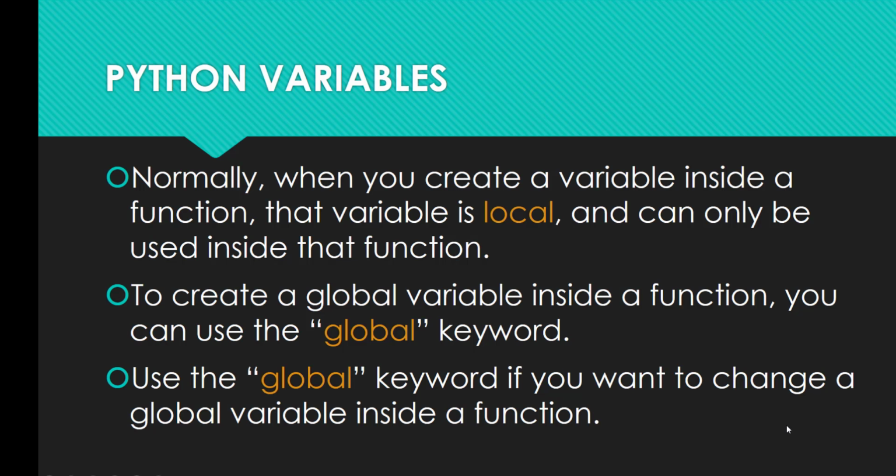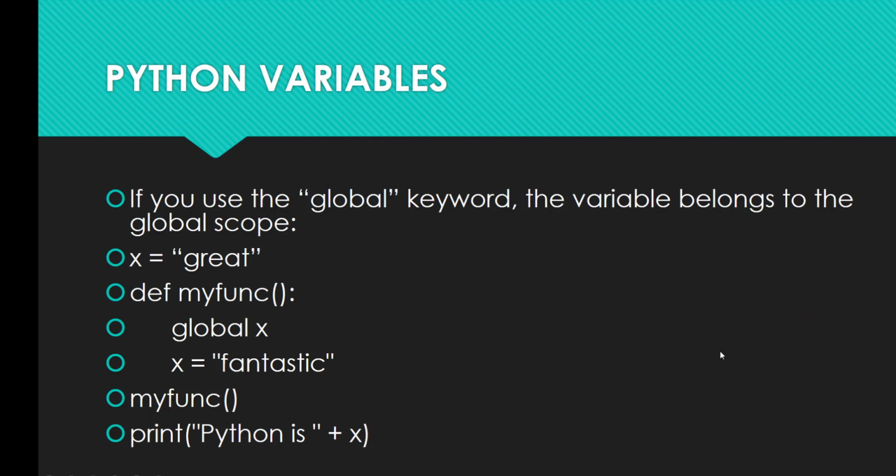So normally when you create a variable inside the function, that variable is local and can only be used inside the function, as we saw. So to create a global variable inside the function, you can use the global keyword. So we can use the global keyword as we saw earlier and make that variable into a global variable. That means whatever changes we make on that variable would force the variable to change throughout the entire global space of the code outside the function.